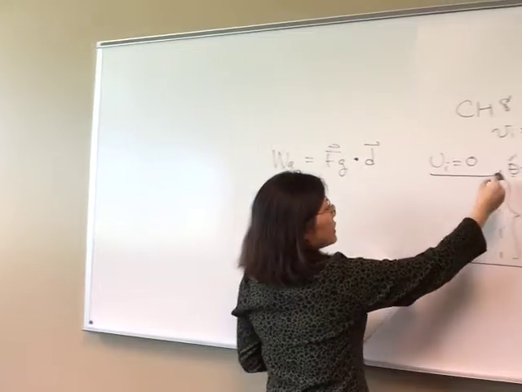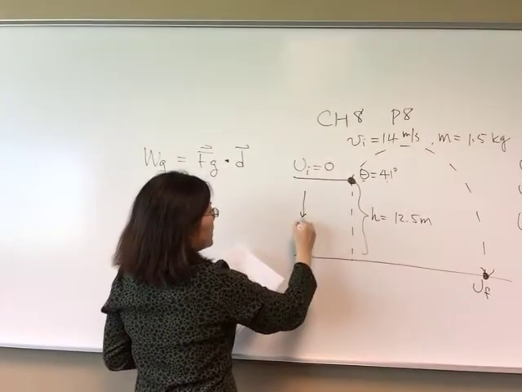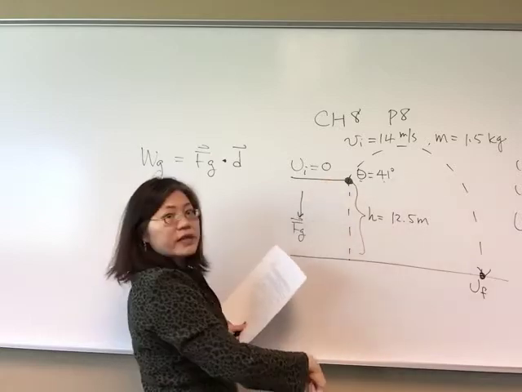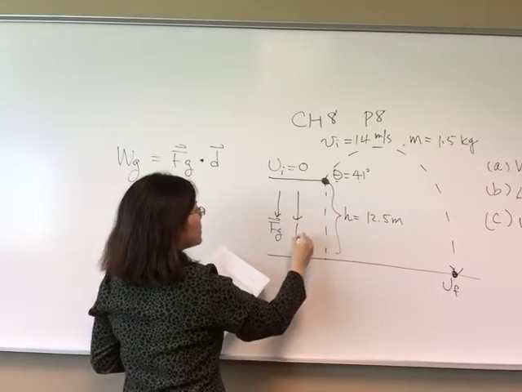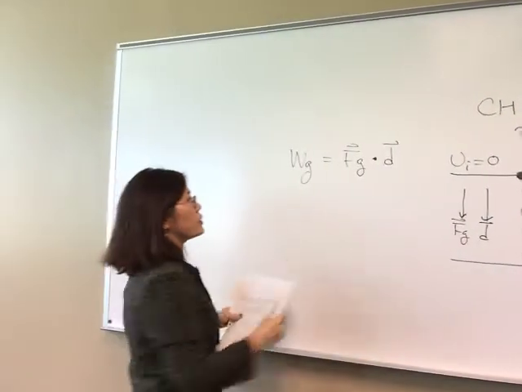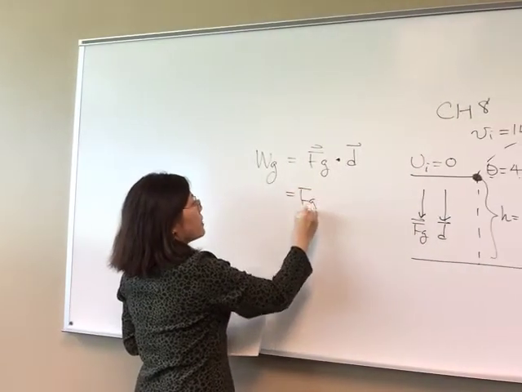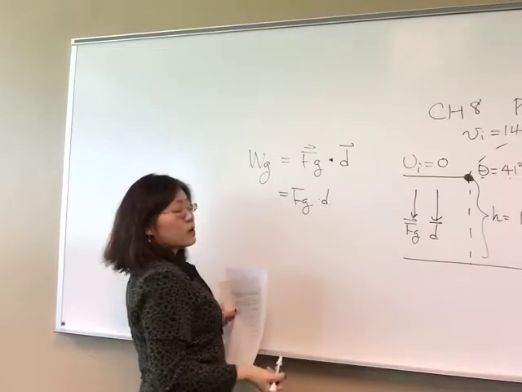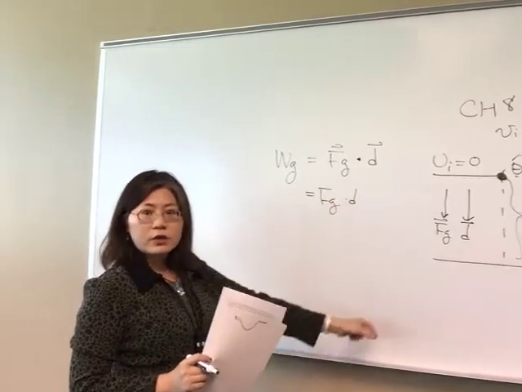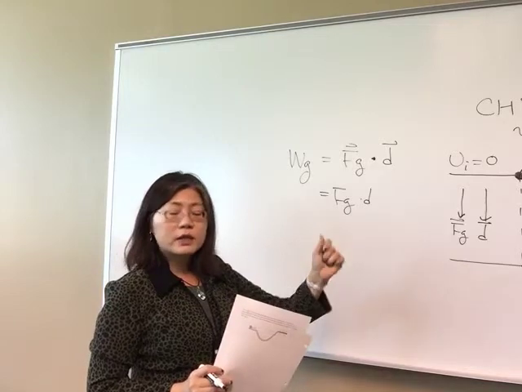The gravitational force is in the downward direction, and the snowball is going down as well. So they are in the same direction. So when you do a scalar product, you can just use Fg times the vertical displacement, and just leave it at that because they are in the same direction. The angle between them, cosine 0, is 1.